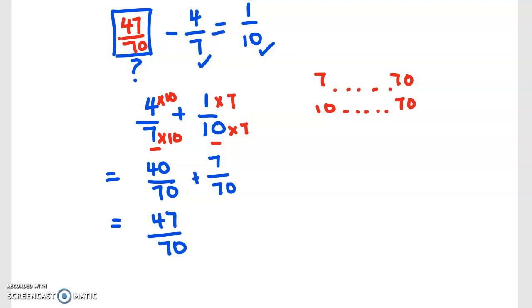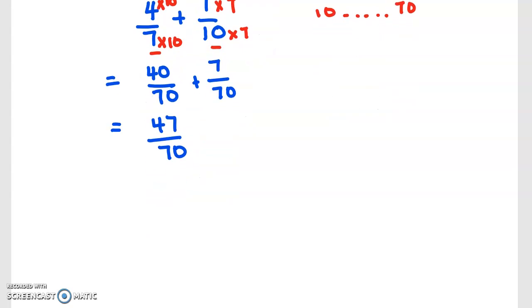Now that we know the greater fraction and the smaller fraction, we need to add these two fractions up for the sum. Sum means you add. So we have the greater fraction, which is 47 out of 70, plus the smaller fraction, which is 4 out of 7.